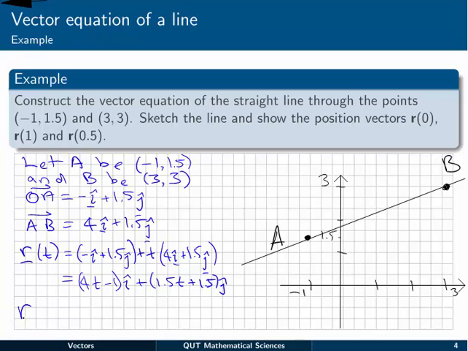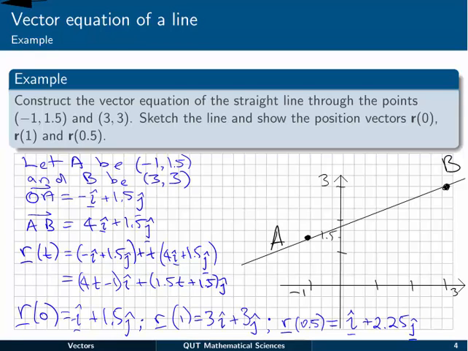So r of 0 will be 0 minus 1i, or minus i, and 0 plus 1.5j, so plus 1.5j. And in a similar way, we have r of 1 is 3i plus 3j, and r of 0.5 is equal to i plus 2.5j.